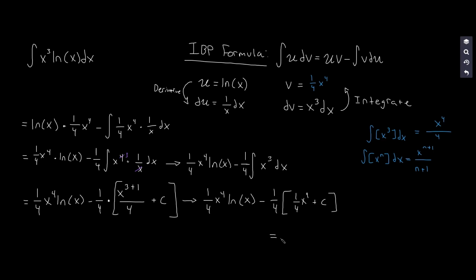All right, and now I'm going to simplify this further. I'm going to have 1/4 times x raised to the fourth times the natural logarithm of x minus, well, I'm going to distribute this 1/4. And technically I could distribute this to the c, but the c is just going to remain the arbitrary constant. It's just going to absorb it. So I'm going to have negative 1/4 times 1/4. That's just going to be negative 1/16 x raised to the fourth power plus c.